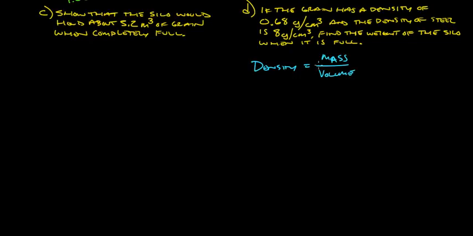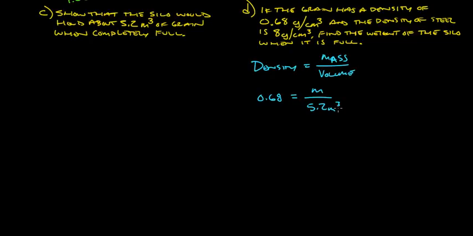All right. So let's first figure out how much all the grain is going to weigh, because that's what we're looking for, is weight, right? So the grain has a density of 0.68 grams per centimeters cubed, and it had a total volume of 5.2. Well, let's just go with their answer here, 5.2 cubic meters.